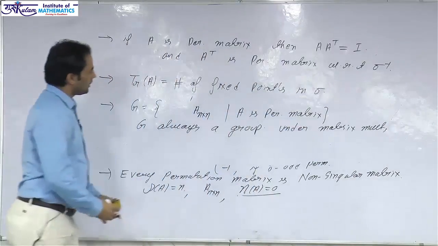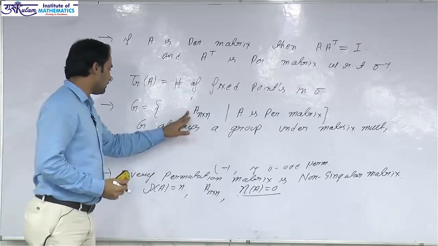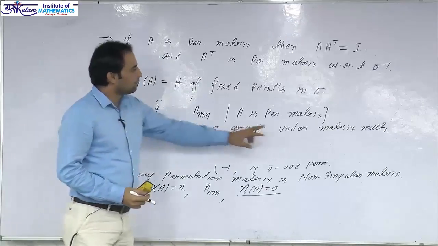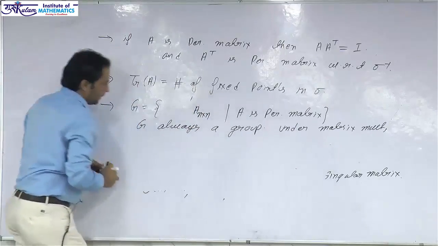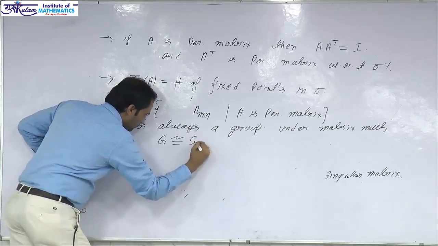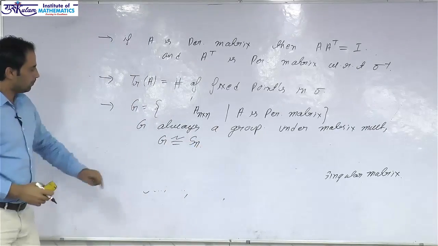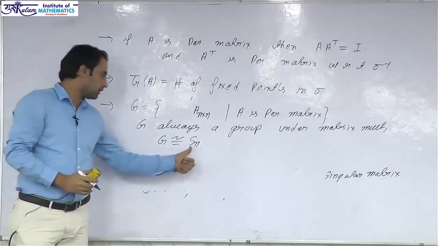So this is the next property. The set of all permutation matrices of order n is always a group under matrix multiplication, and this group is always isomorphic to the group of permutations on n symbols, where Sn is the group of permutations on n symbols.